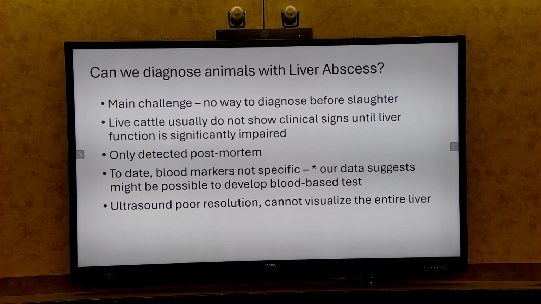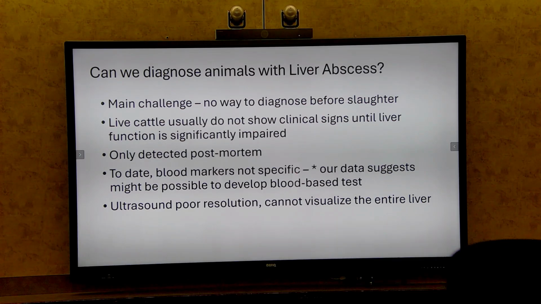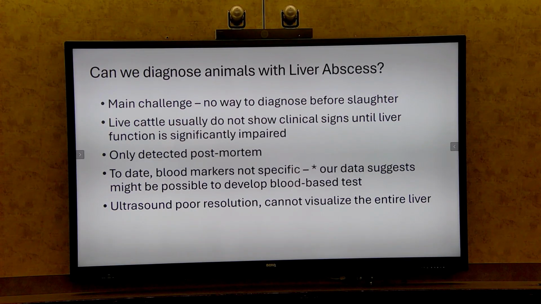So one of the issues is that you can't diagnose animals that have liver abscesses until they've been processed. Most of the time, cattle don't show clinical signs unless the liver has been very severely abscessed and actually has its function impaired.